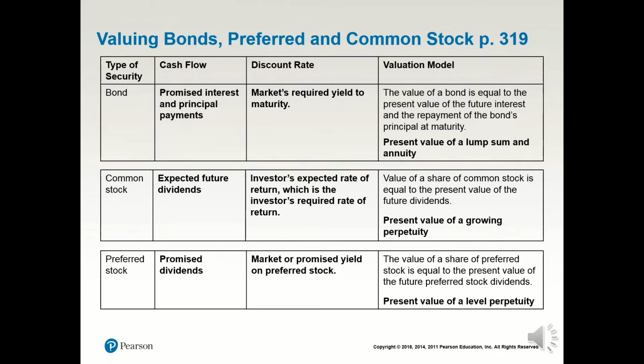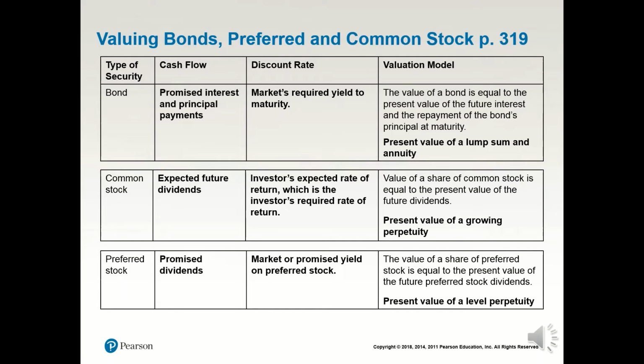And this presentation zeroes in on valuation of preferred stock. The main difference between common stock and preferred stock from an investing standpoint is that preferred stock has promised dividends, where common stock you just expect to receive dividends, but it is in no way any type of agreement that you will.